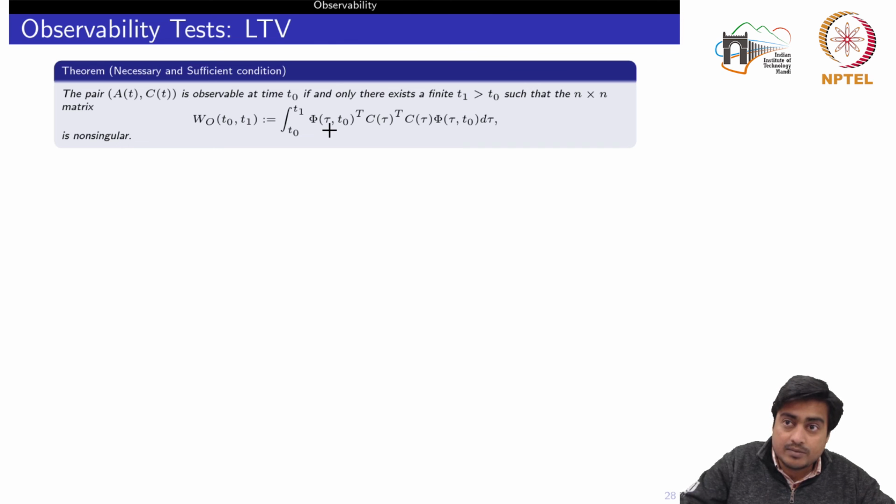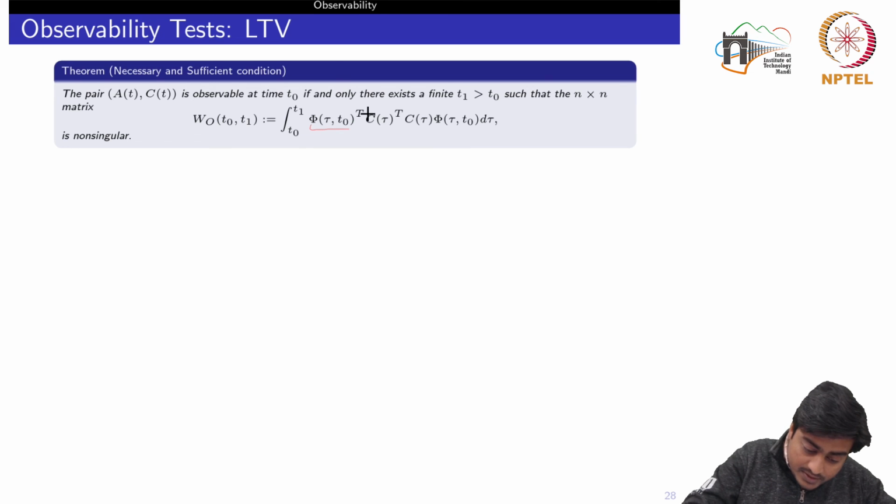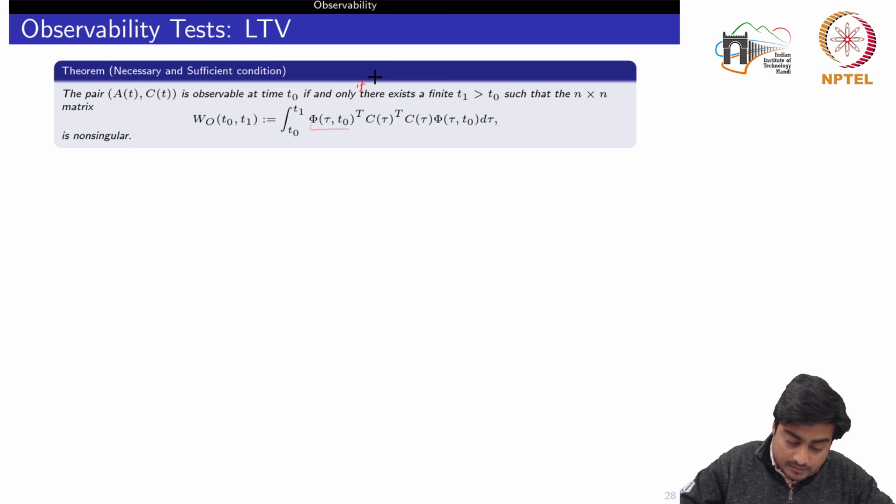For the LTI system, the state transition matrix is basically an exponential. But for a time varying system, it is not necessarily so, and it requires detailed computation. So this is an if and only if, because this is the necessary and sufficient condition for observability.